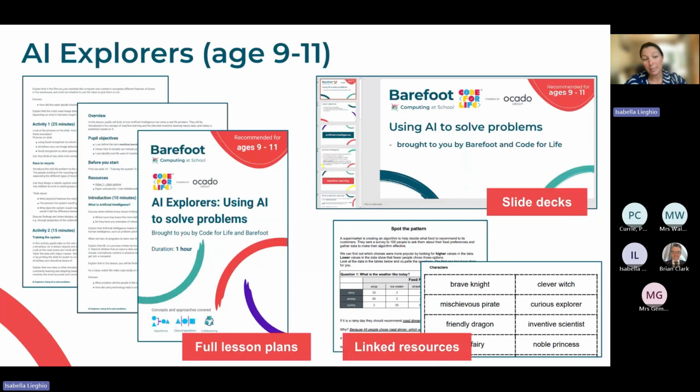So you'll have a full lesson plan designed for a non-specialist, giving you everything you need step by step and clear. You'll have the slide deck that you need if you want to use it to run your lesson, and you'll have any linked resources, handouts, worksheets, etc. And it might be that you're printing them, or it might be that you're putting them in something like Google Classroom, or whichever system you use for digital worksheets.